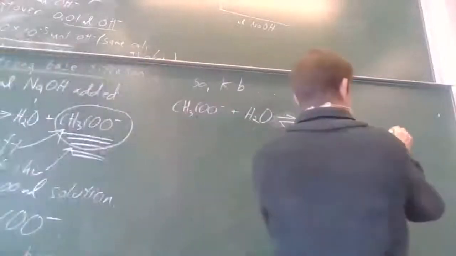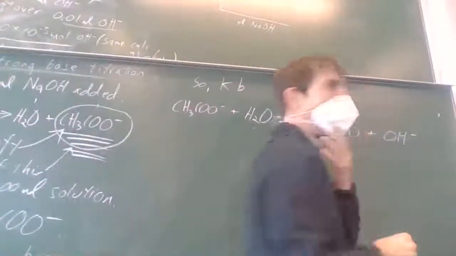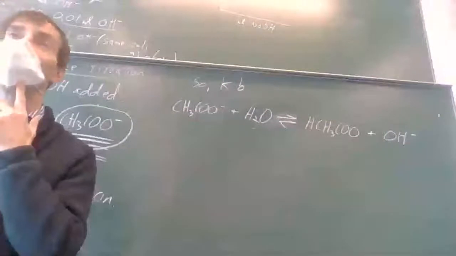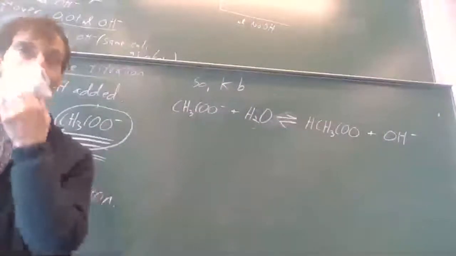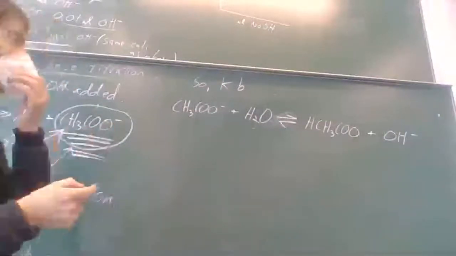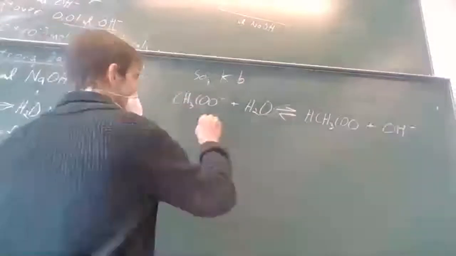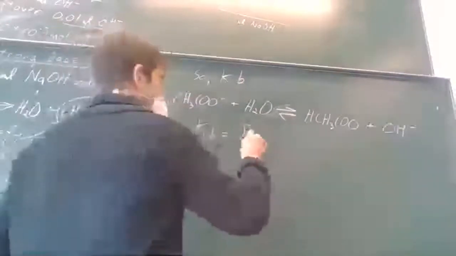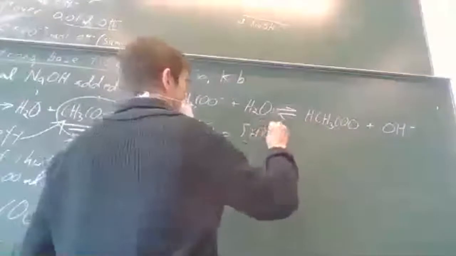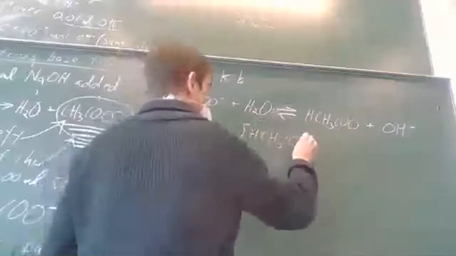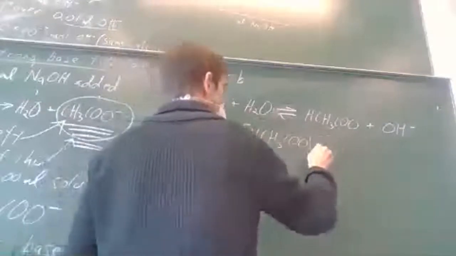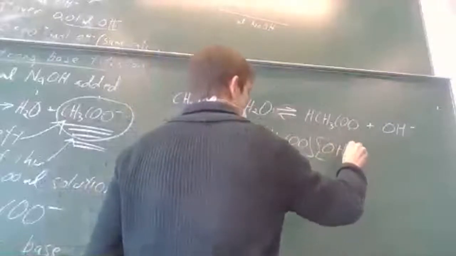Right. And that's why it's going to act like a base, because I'm making some OH minus when we do what was just described. Do the expression. I'm going to just do this for you, because I want to take your questions once we finish the sucker up.